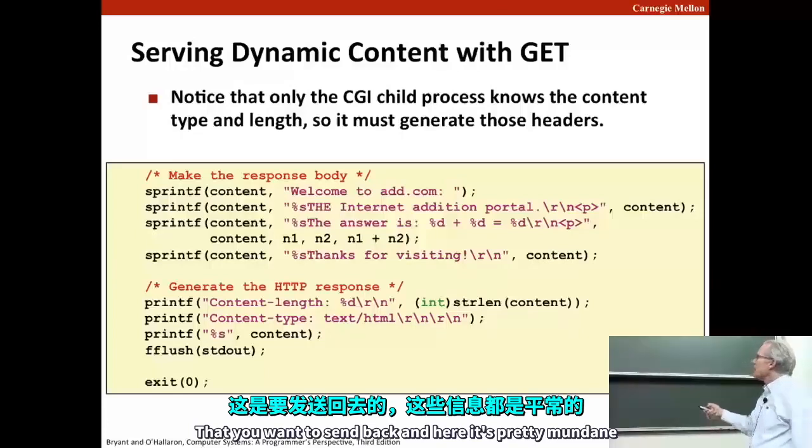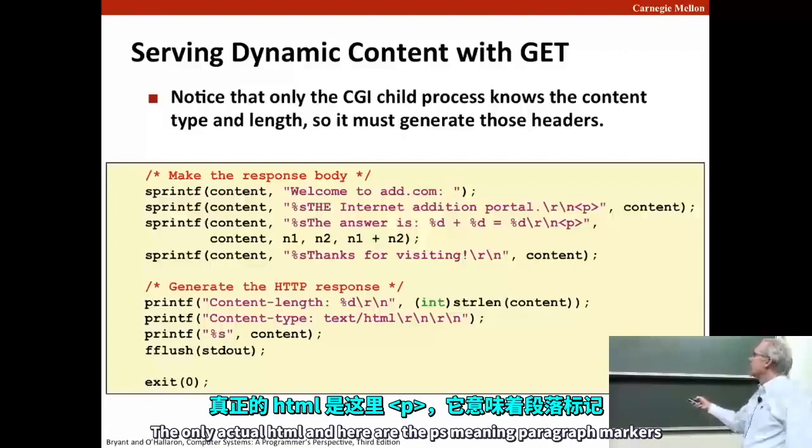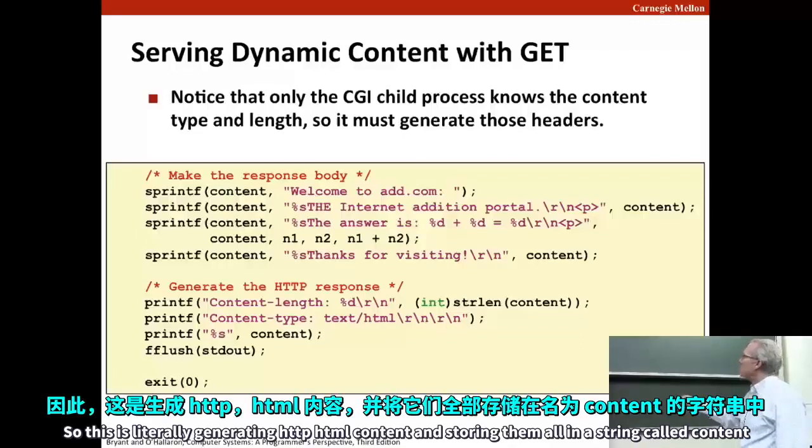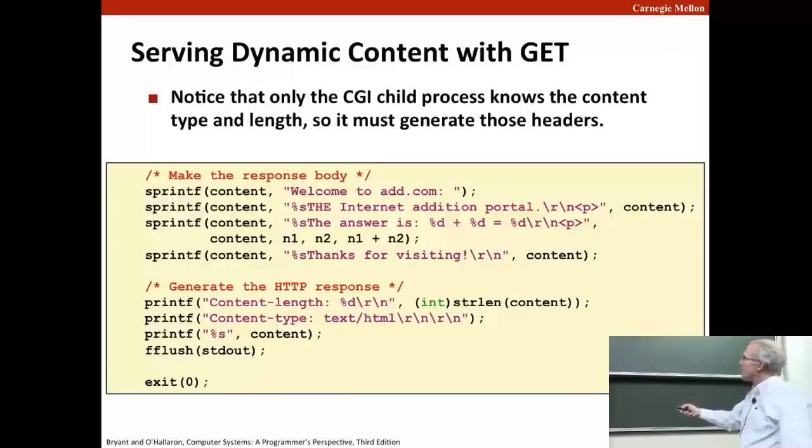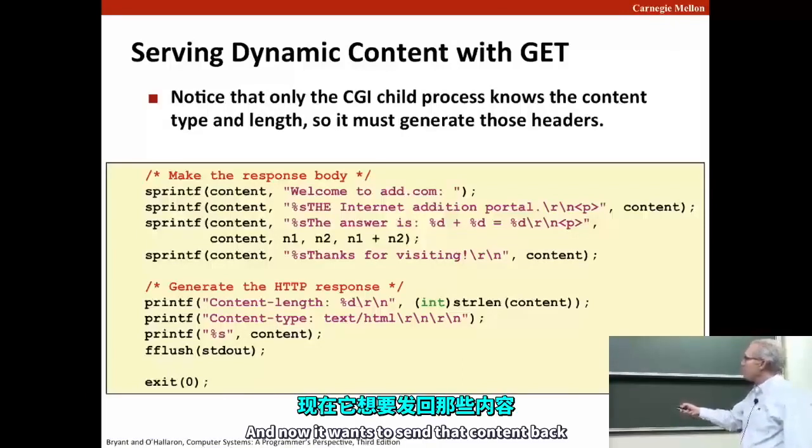And here it's pretty mundane. The only actual HTML in here are the Ps, meaning paragraph markers. So this is literally generating HTML content and storing it all in a string called content. And now it wants to send that content back.